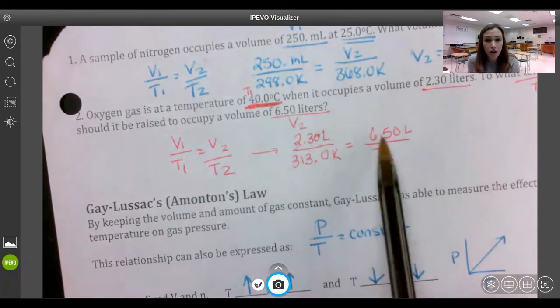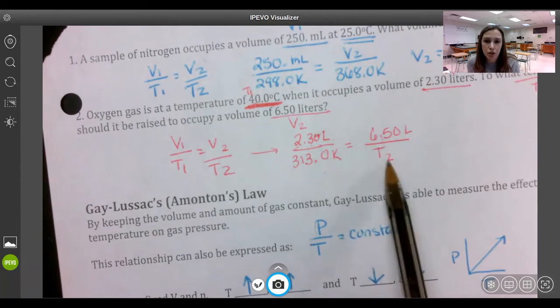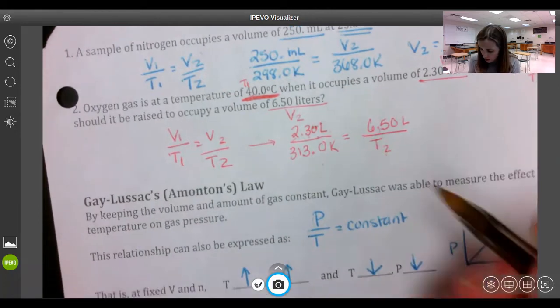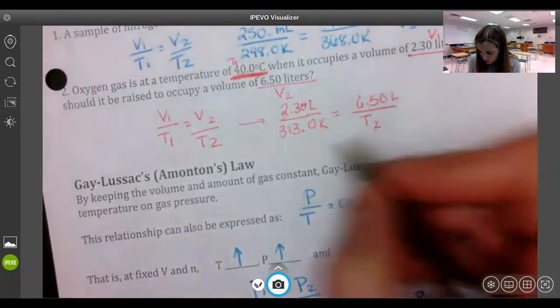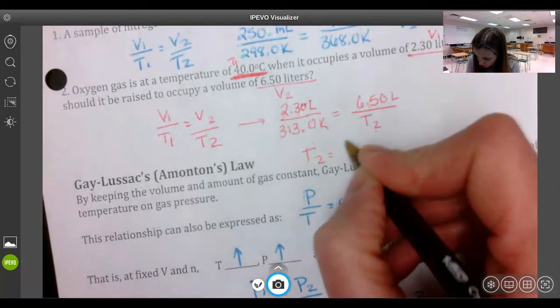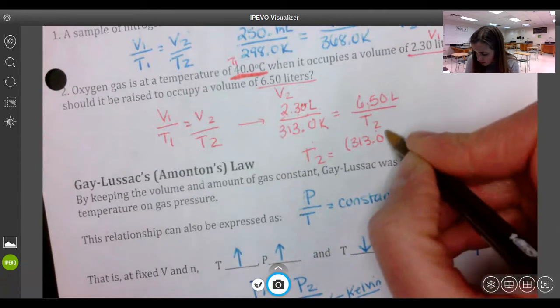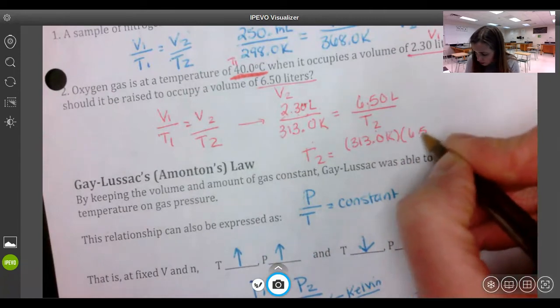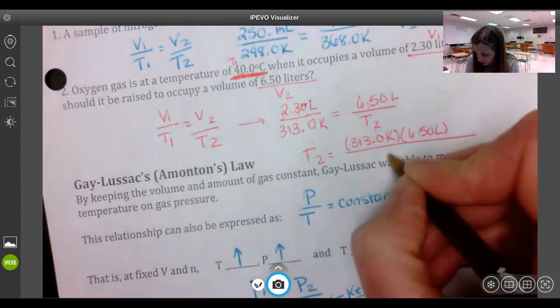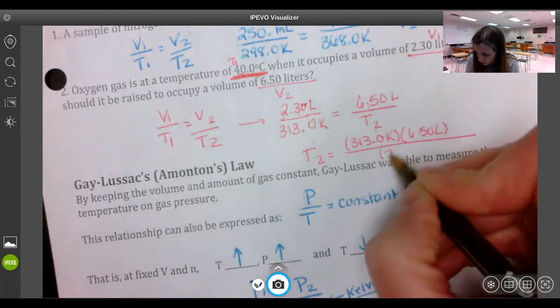Now I know that my volume is increasing, so I would expect my temperature to be increasing. So let's check that. With this, you would end up cross multiplying, so your final setup would be the product of the 313 Kelvin times 6.50 liters divided by our 2.30 liters.